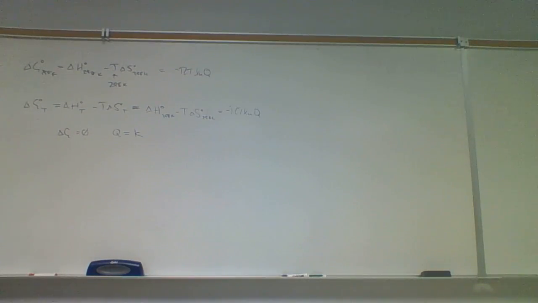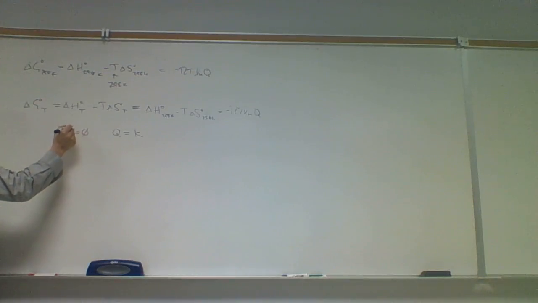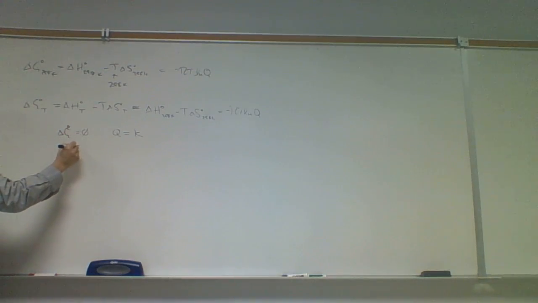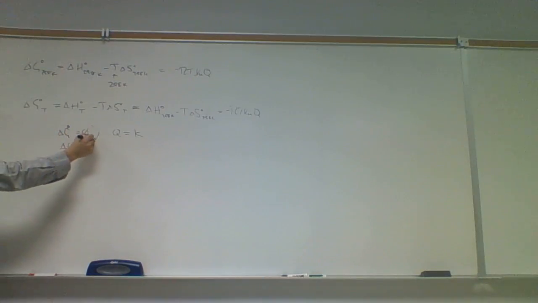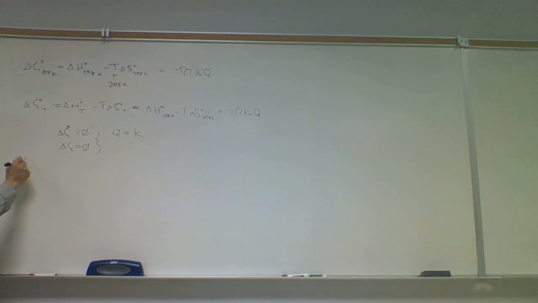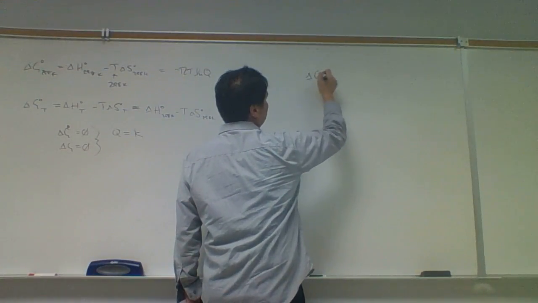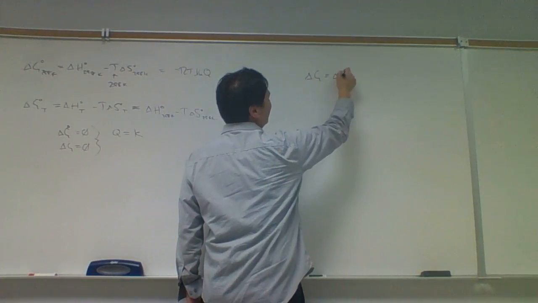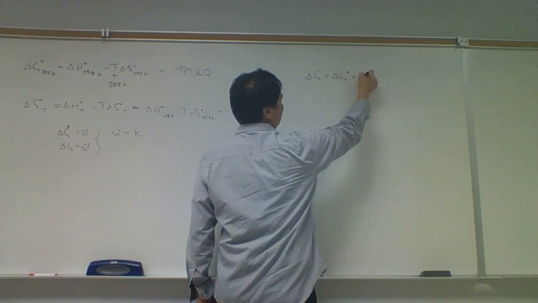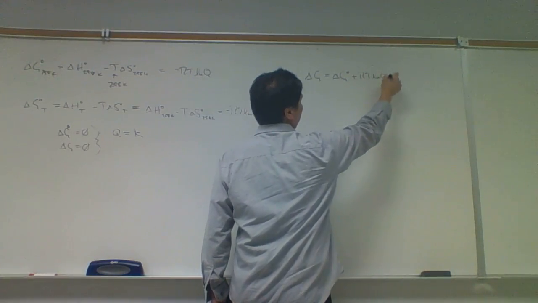I'll just put standard. Now, if we're under non-standard conditions, and we have this equation, delta G under non-standard conditions is equal to delta G under standard conditions plus RT ln of Q.